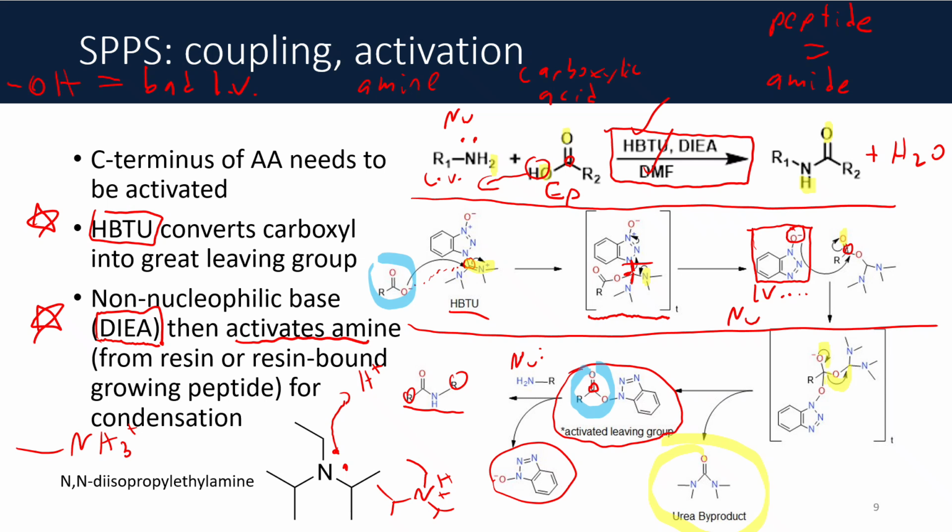Well, sodium hydroxide is going to compete with this guy over here, and it's going to destroy your reaction. If you have a hydroxide attack our activated amino acid, you're just going to convert it back to your starting material. And that's not good either.